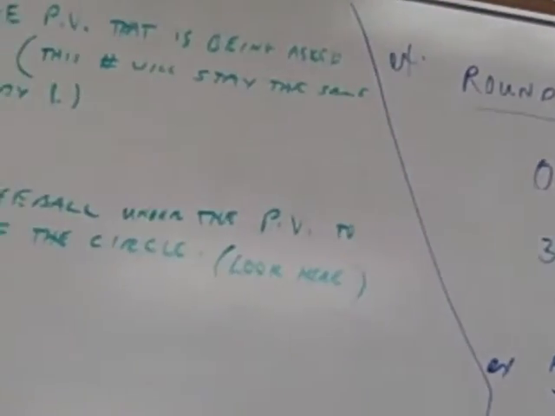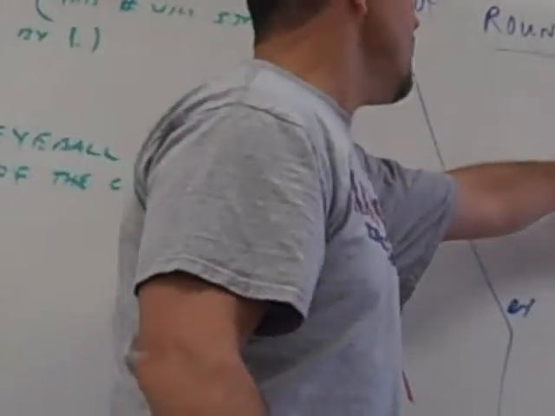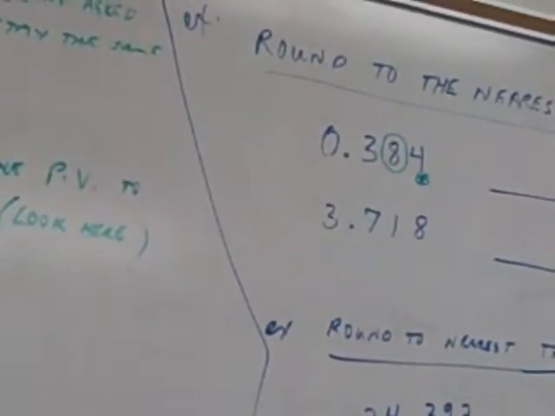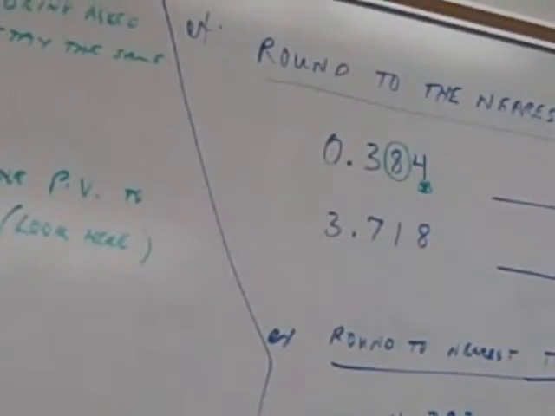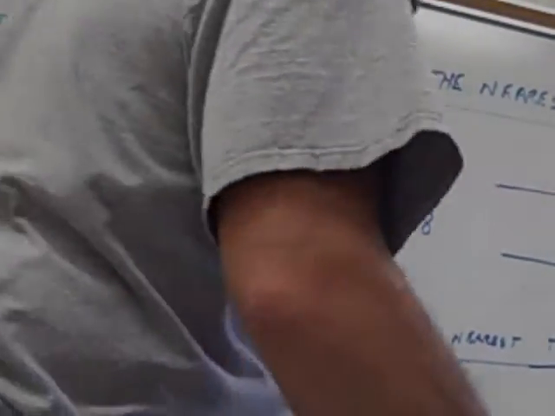Maybe that eyeball will stick in our head, oh yeah, I'm supposed to look here to the right of my circled number. Look at that number. This number that has the eyeball where I'm looking will tell us whether we round up or whether we stay the same. We don't round down. You started to say it, didn't you? We don't round down. It's either going to go up or we stay the same.